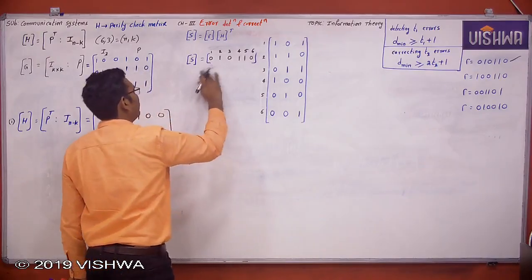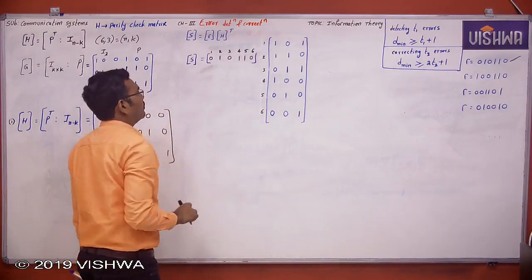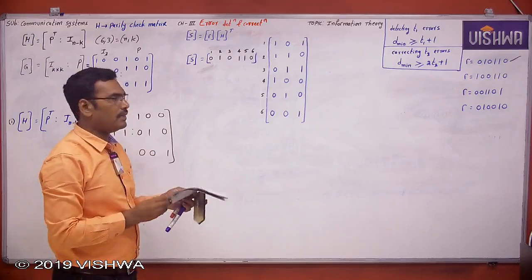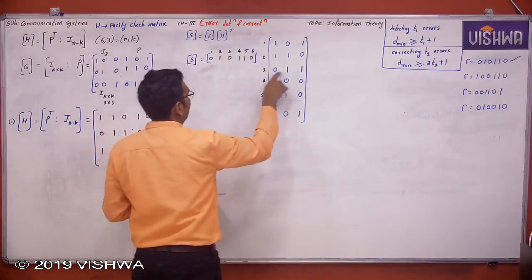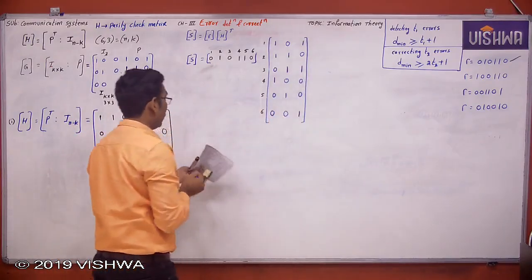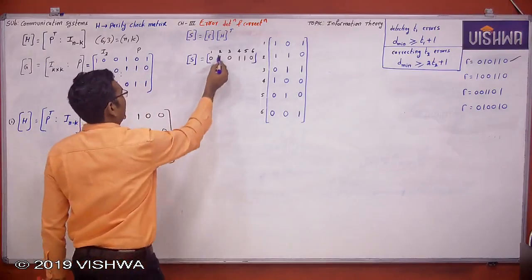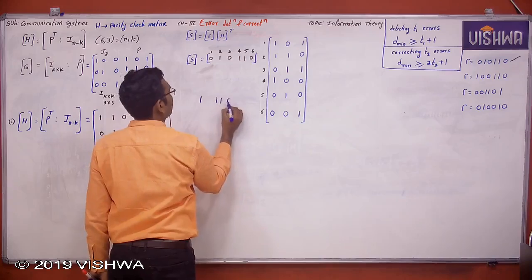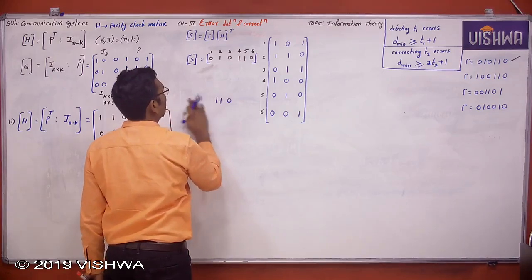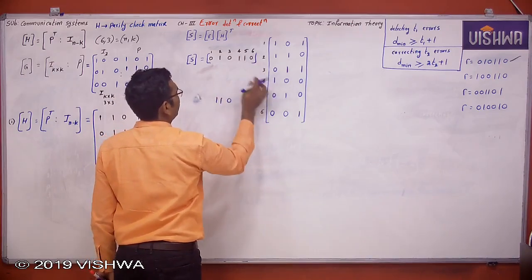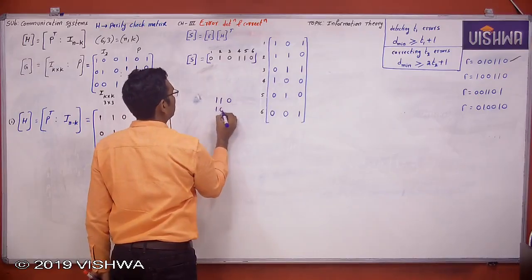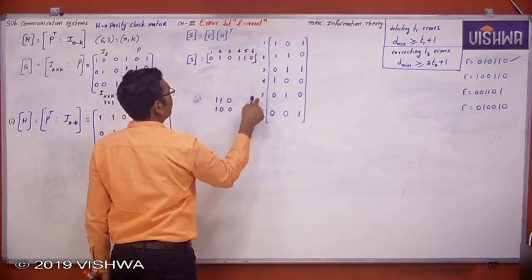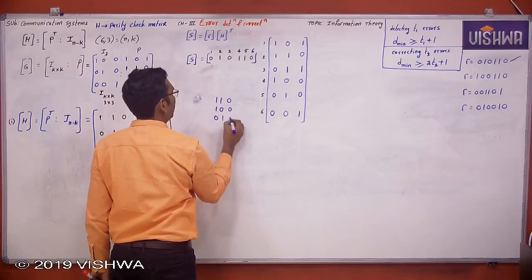The second bit is 1, so you select the second row, 1, 1, 0, for calculating the syndrome. The fourth bit is 1, therefore the fourth row is 1, 0, 0. The fifth bit is 1, therefore the fifth row is 0, 1, 0.